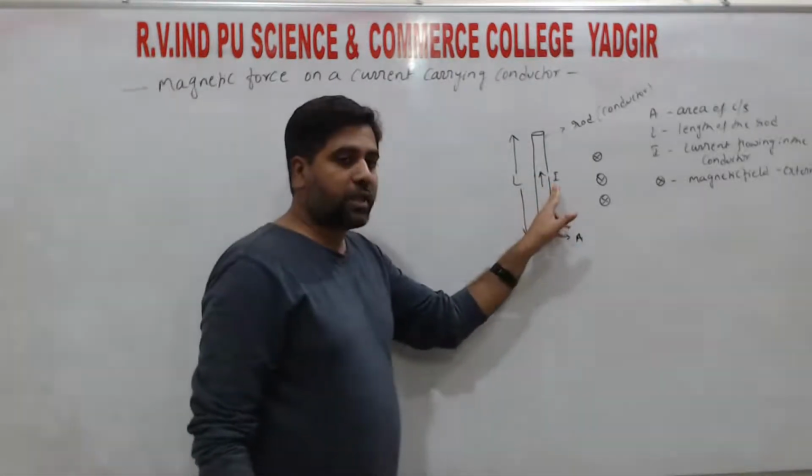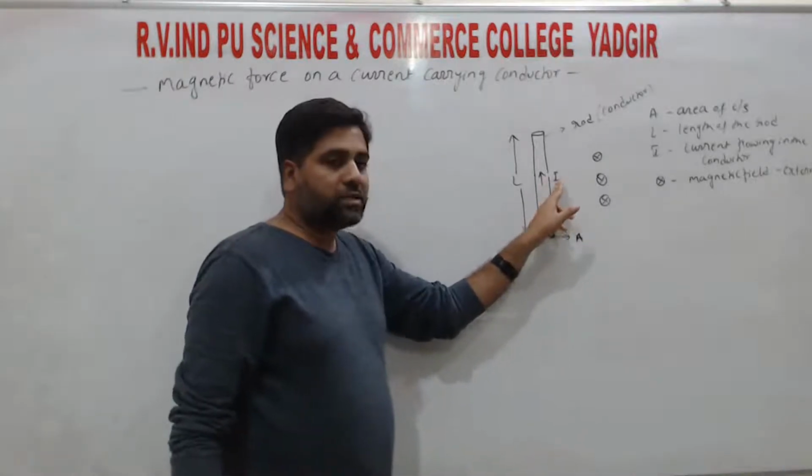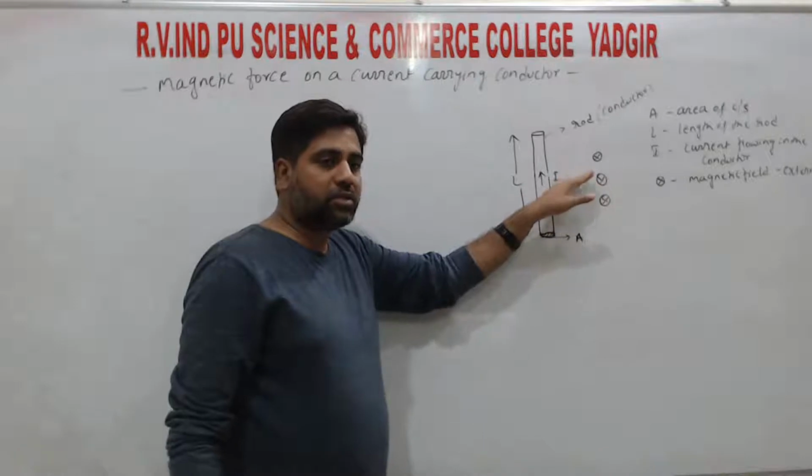Current is flowing, so there are charge carriers. Current is defined as the rate of change of charge, that is dq by dt.